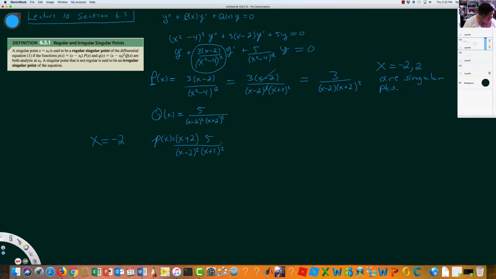What happens here is that this will cancel out one of these guys, and we get little p of x is 3 over (x minus 2) times (x plus 2).